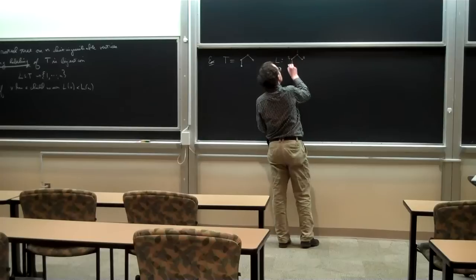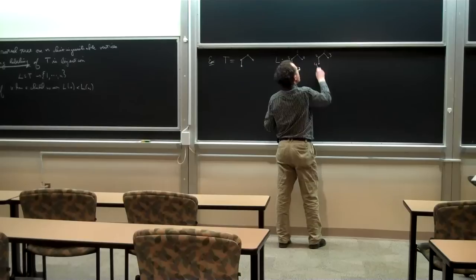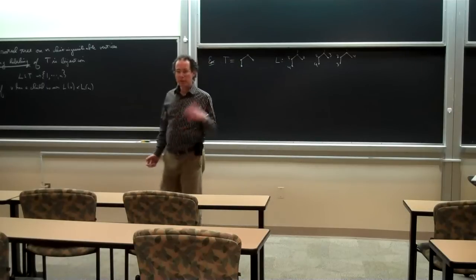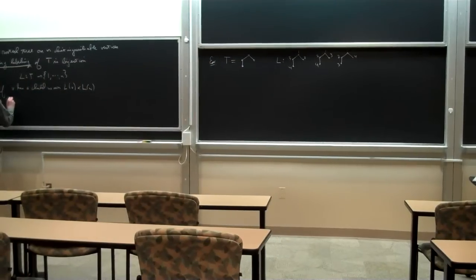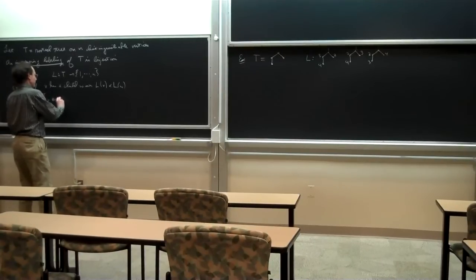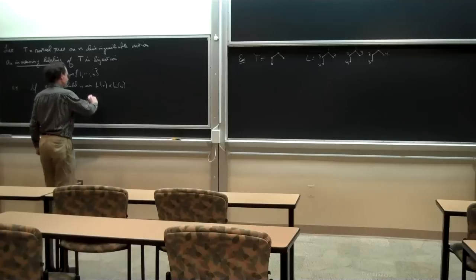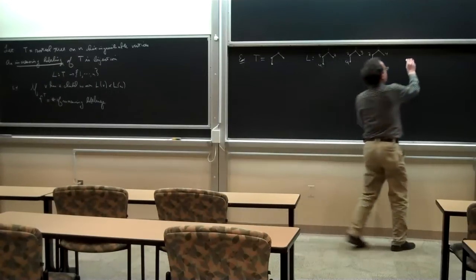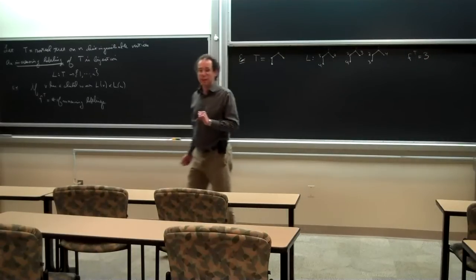So I could put 2 there, which would leave 3 and 4 on the other side. I could put 3 there, which would leave 2 and 4. Or I could put 4 there, which would leave 2 and 3. So there are the increasing labelings, and we're going to use the notation f super T for the number of such. Here we have just computed by hand that I have 3 possible labelings for that particular tree.